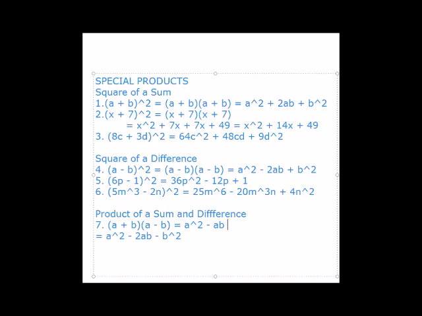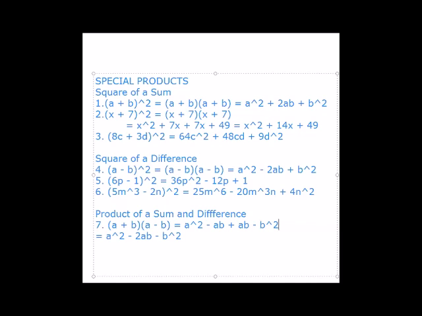Yes, ma'am. And then followed by b times negative b, equals negative b squared. Now we have a squared minus ab plus ab minus b squared.